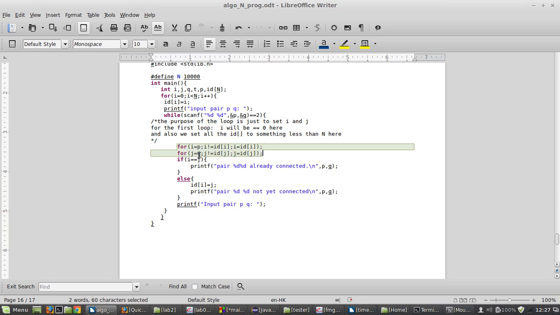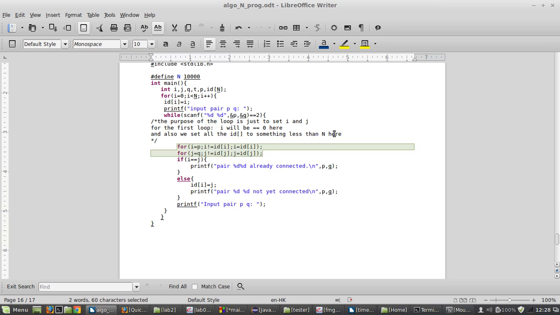For this one, the algorithm does the outer loop, that is it loops n times, and you start inputting and scanning the pairs. Now here are two important concepts you have to understand, these two for loops. What is the purpose of these for loops? It is setting i and j to p and q respectively.